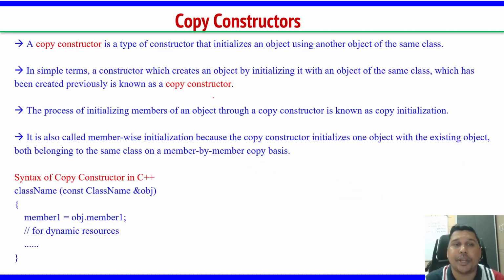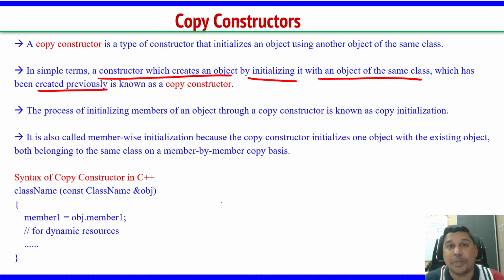Okay, what is this copy constructor? That initializes an object using another object. How does it do it? A constructor which creates an object by initializing it with an object of the same class, which has been created previously. That object should have been created, it should have some values.